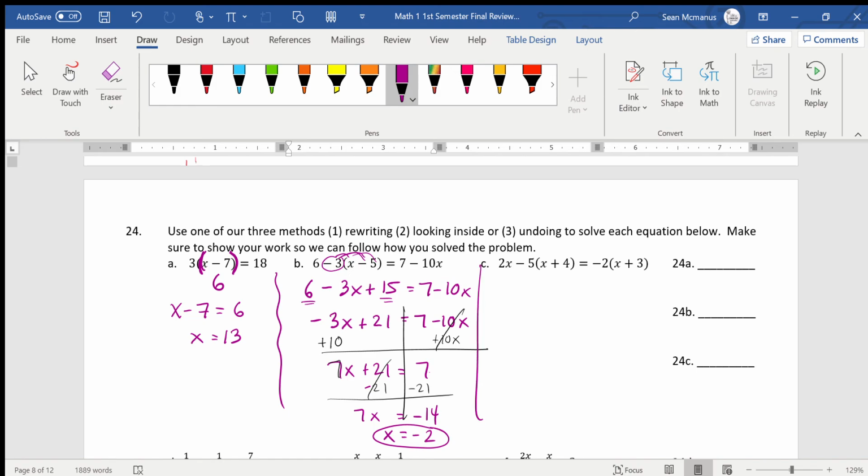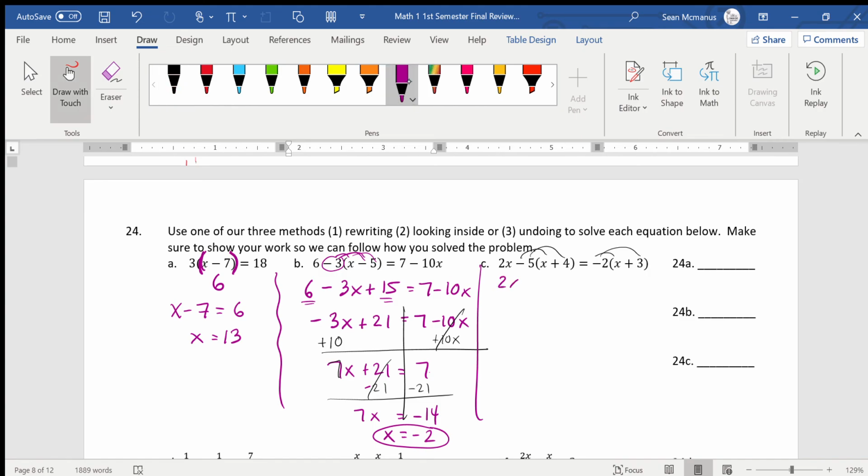And this is, again, we're going to use our rewriting and then our undoing here for part C. So this is kind of a long one also, so I don't know if I even have enough room to do this one. So I got to distribute this negative 5, and then on this side I have to distribute the negative 2. So let's do that first.